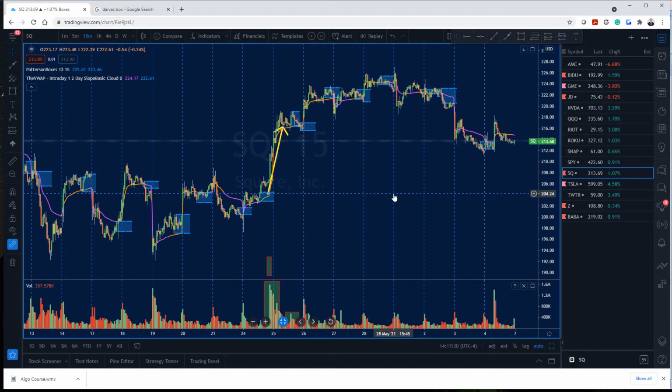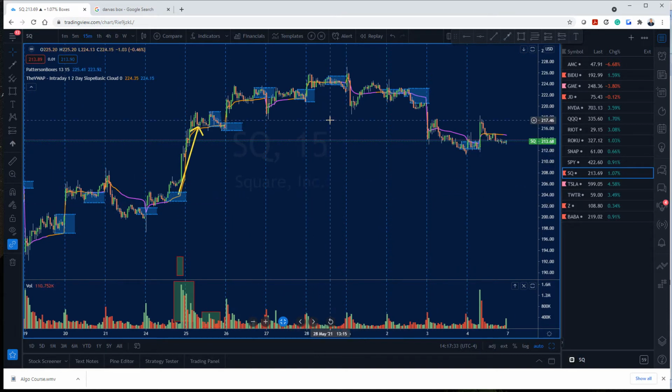That's exactly the trade I took this week right here. When we broke out of this box on Square, I was able to get short by put options, and I was able to almost double my money, well, not quite, about 60% of my money on that one options trade.